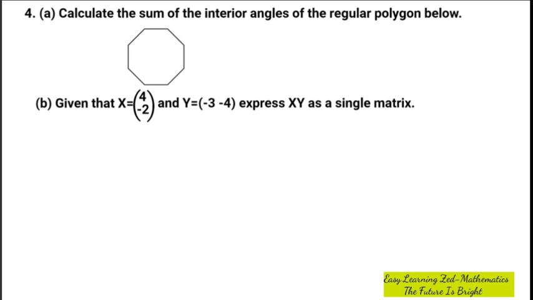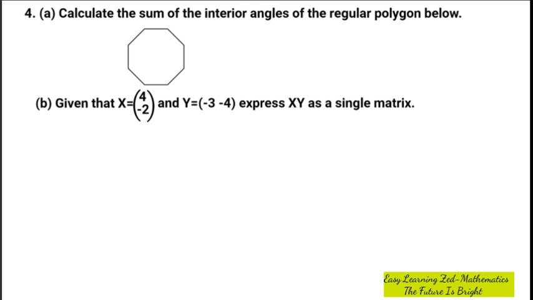Question 4a was as follows. Calculate the sum of the interior angles of the regular polygon below. This is the regular polygon drawn here, so you need to study it. Make sure you count the number of sides.